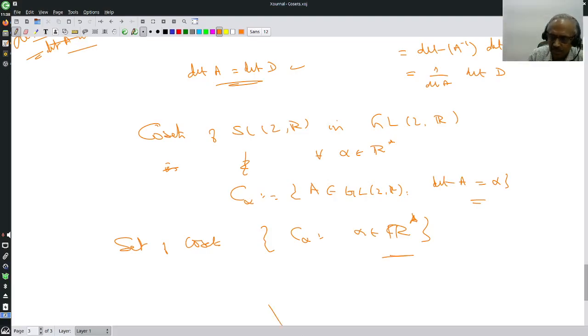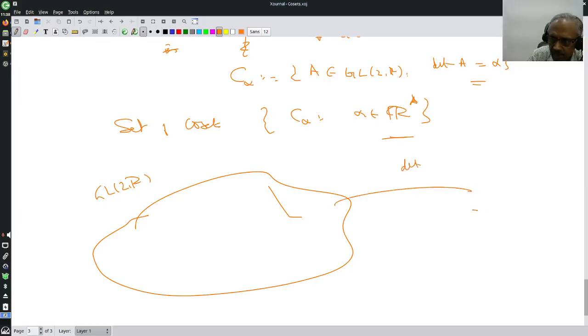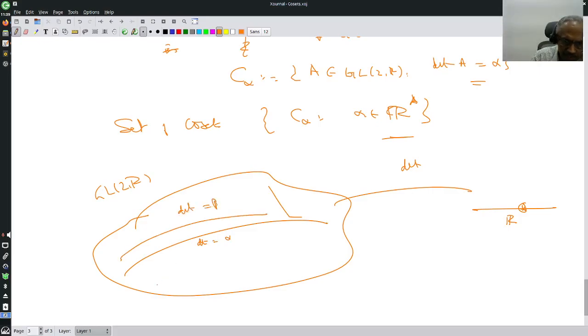If you think of the determinant, look at that. Think of this as GL2R. Then I have this function determinant which goes to R, and it actually goes to R star because the determinant of any element here is non-zero. So this will be determinant equal to alpha, this determinant equal to beta, this determinant equal to gamma. These are the parallel objects intuitively, and they are all disjoint.